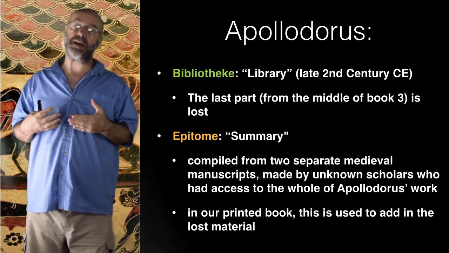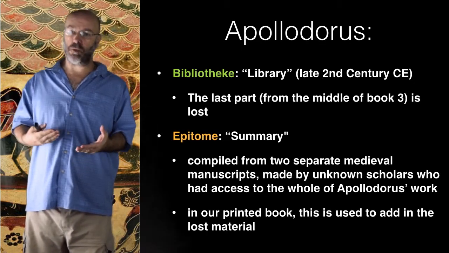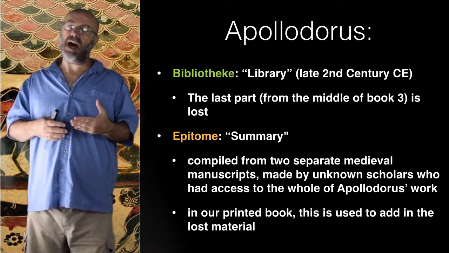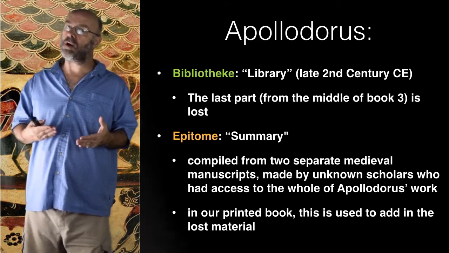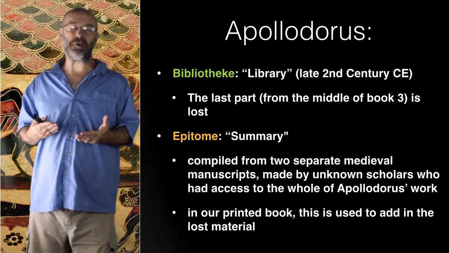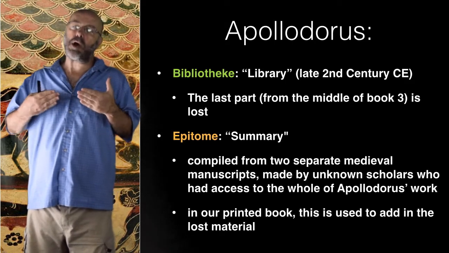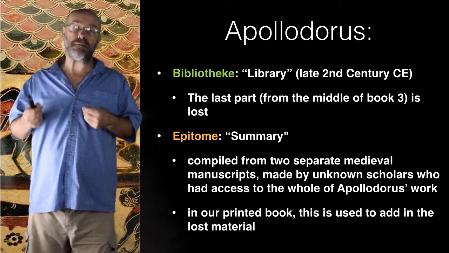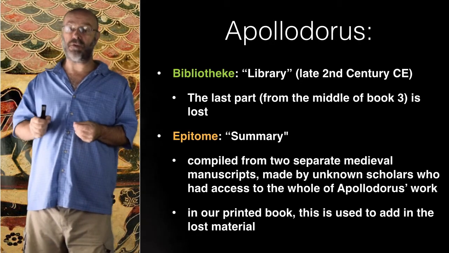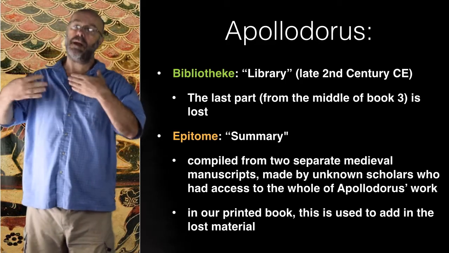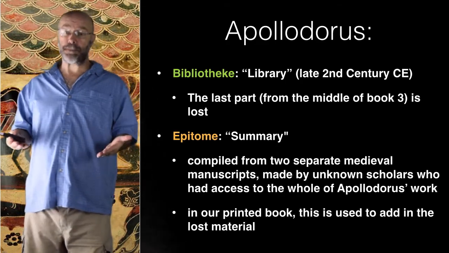The manuscripts that survive from the ancient world for us to read do not contain anything beyond that point, but we know that there was more. And one of the ways we know that there was more was because we have a couple of separate manuscripts that contain a summary of the work of Apollodorus, not just what is missing, but all of it.